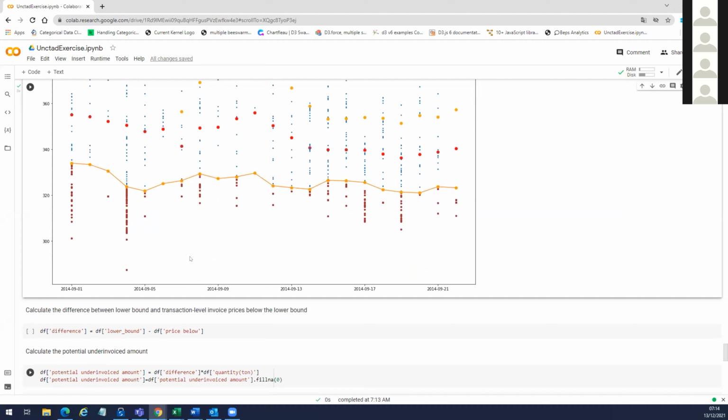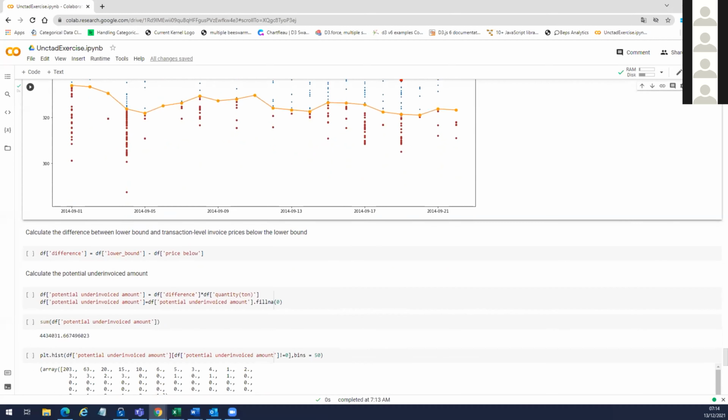Now I will calculate the potential underinvoiced amount for these operations. First, I calculate the difference between the lower bound, the orange line, and the price below, the brown dots. This distance from the orange points to the brown dots is the difference that will be used in the potential underinvoiced amount.